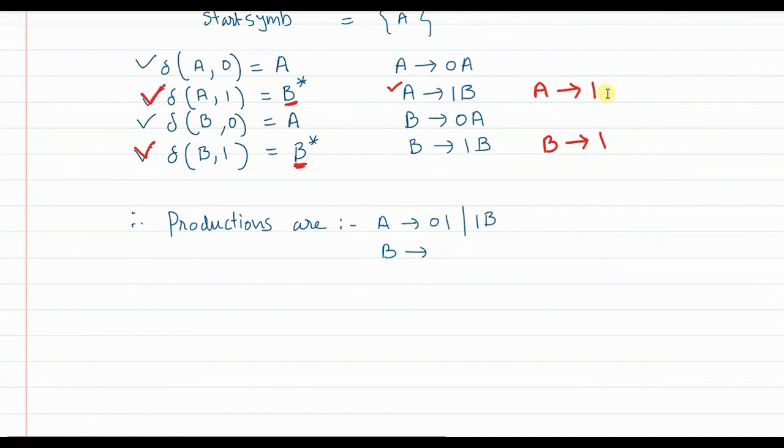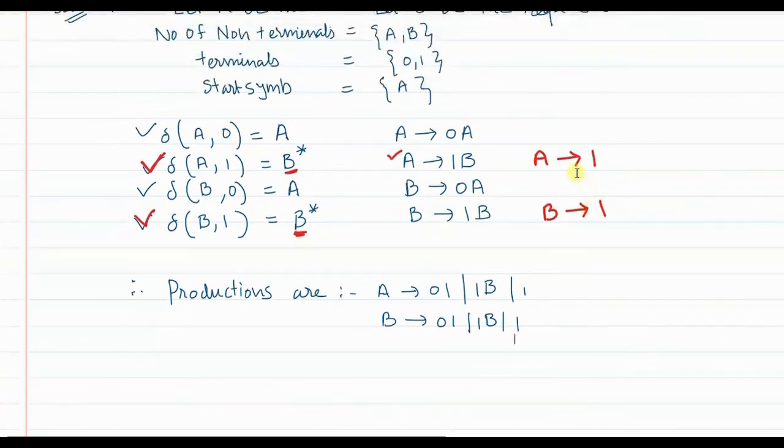So this is one production. Then B gives 0A or 1B, or it gives 1. So B also gives 0A or 1B or 1. So these are all the possible productions.